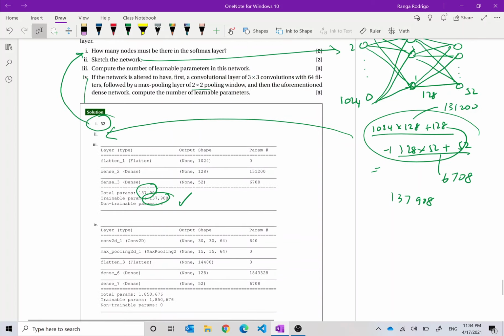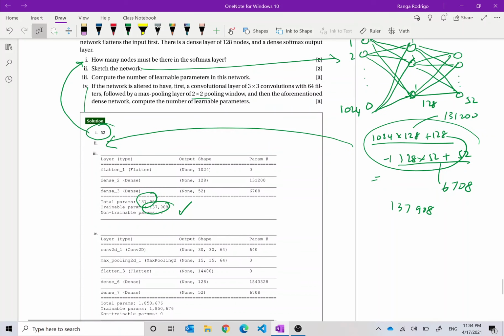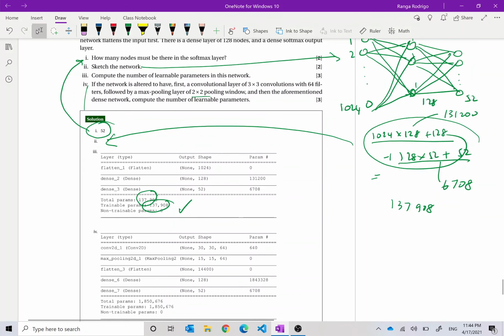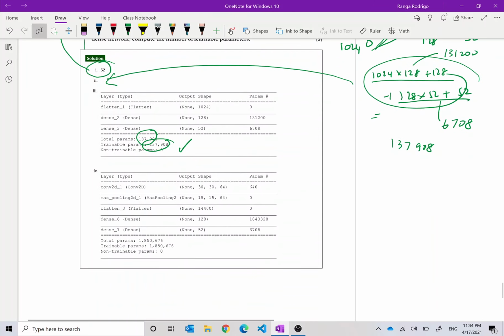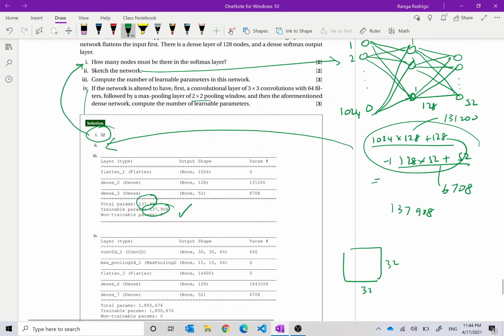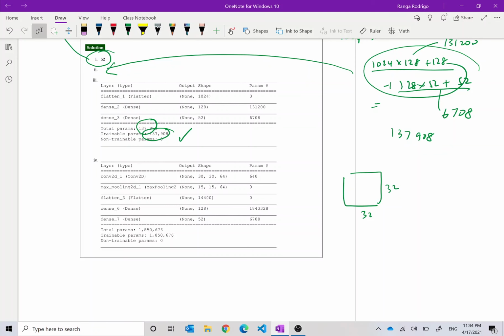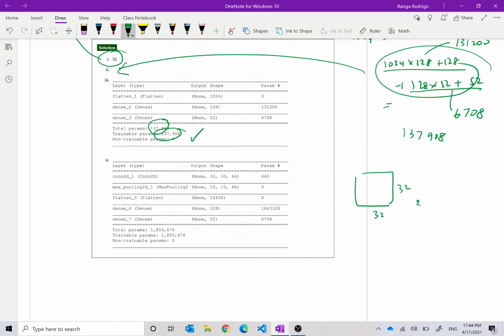Convolution, and so the output size is this. For learnable parameters, the image is 32 by 32. There are 64 convolutional filters of 3 by 3, and each of them will have a bias, so 64 biases.